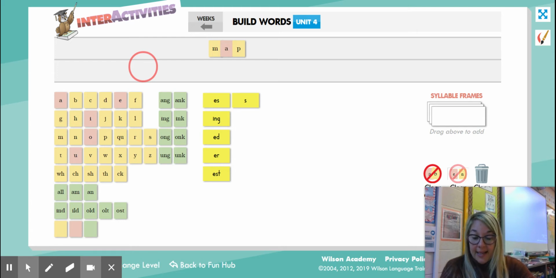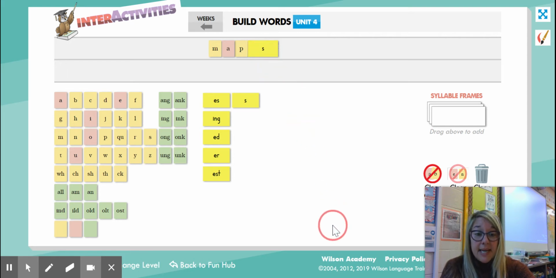But if I add an ending to that word, in fact, if I add the suffix s, that makes the word plural. That means more than one. So when I add the suffix s to the end of a word, I'm making it plural.